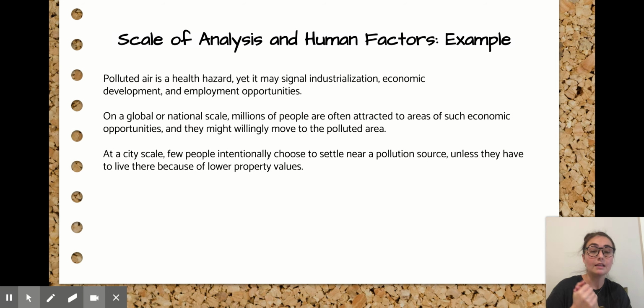So at a global or national scale, people are going to gravitate towards those polluted areas, not because they're polluted, but because they offer economic opportunity. Doesn't mean that once they get in the city that everyone wants to live in the most polluted part of the city. They're going to try to avoid that in the city scale, but at the global and national scale, they are going to gravitate towards it.